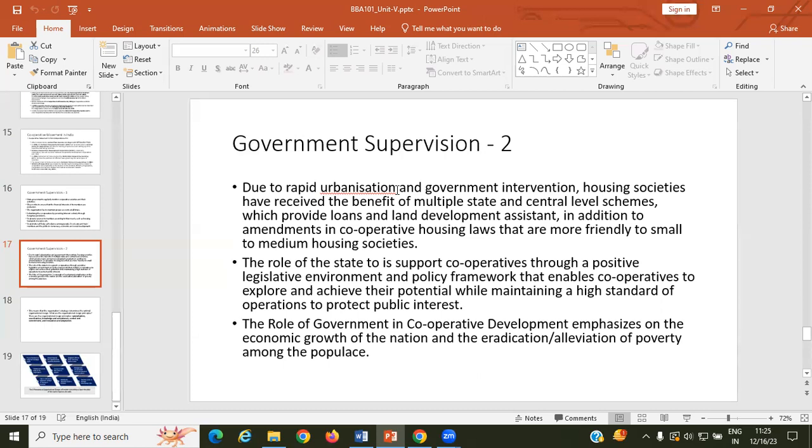So cooperative societies are working and helping people on that. That is the main objective. And they are helping with the help of government.